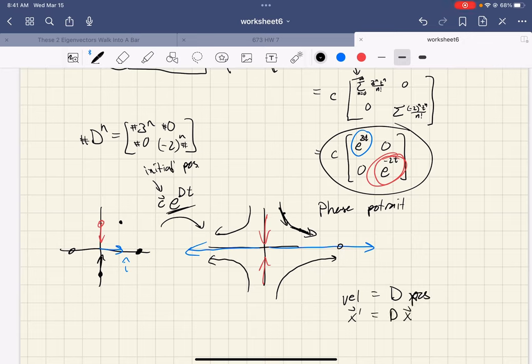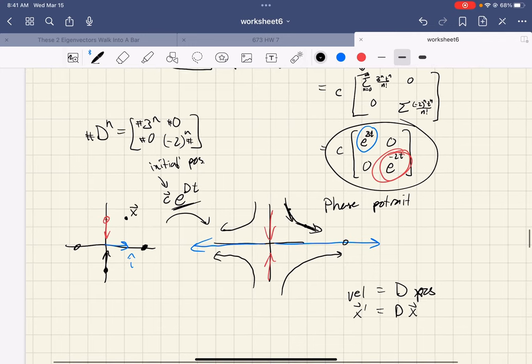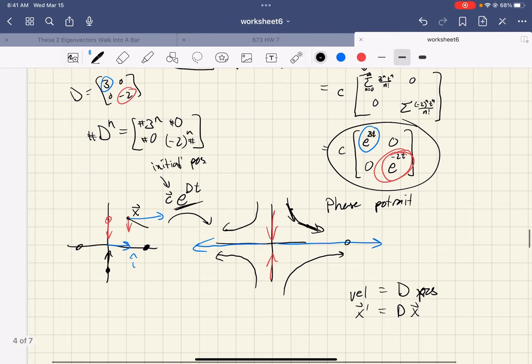Okay, so if right here is x, then what does our D matrix want to do? It wants to scale the x component by 3 and the y component by -2. So the scaling of the y component by -2 is what's pulling it down that way. The scaling of the x component by 3 is what's pulling it this way. And the net result is something that moves right more than it moves down, but it kind of does both.